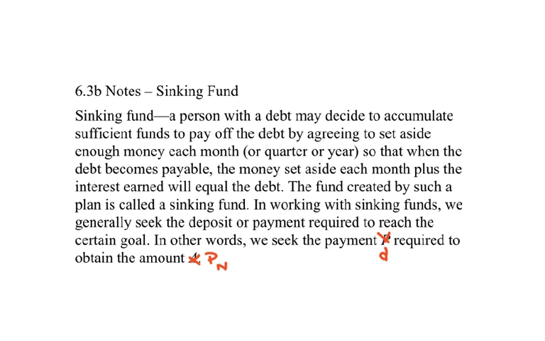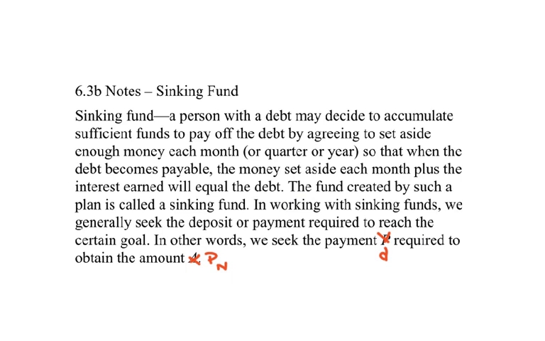It's just different letters. Now, this sinking fund is really a lot like an annuity because you're saving up that money to pay off the debt. So it's like a savings plan in essence, and you're paying periodically, so month, year, or whatever you're paying.